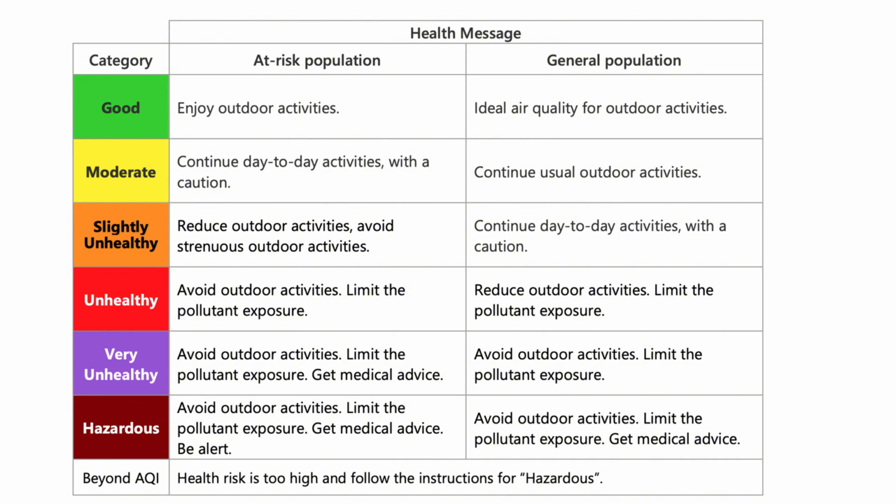When the category is good, the at-risk population can also enjoy outdoor activities, and for the general population it is ideal air quality for outdoor activities. And when it comes to moderate, for the at-risk population, day-to-day activities can be carried out, but with caution. But for the general public, they can continue usual outdoor activities as usual.